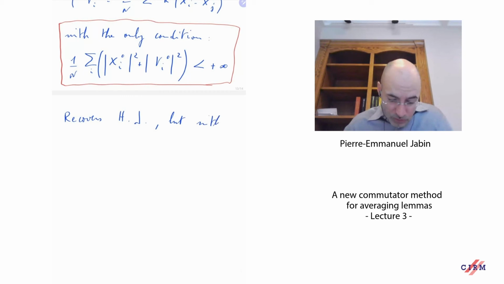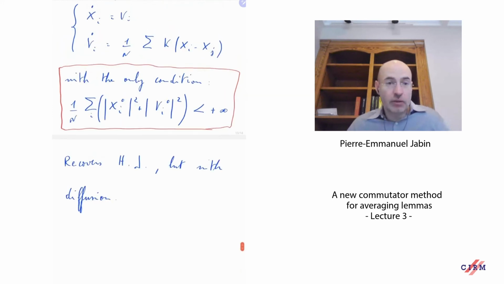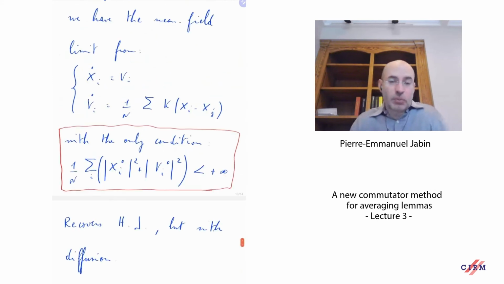With diffusion, our method at the time could not handle diffusion. Now this is invisible. And again, we had a lot of conditions on the initial data, and here you have none. So how is this even possible?